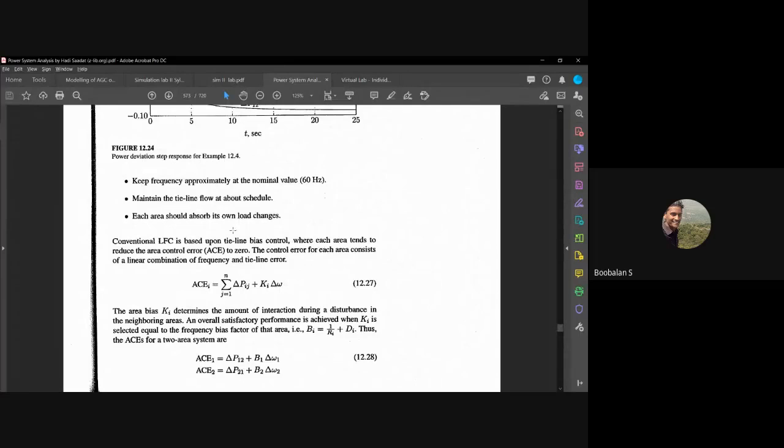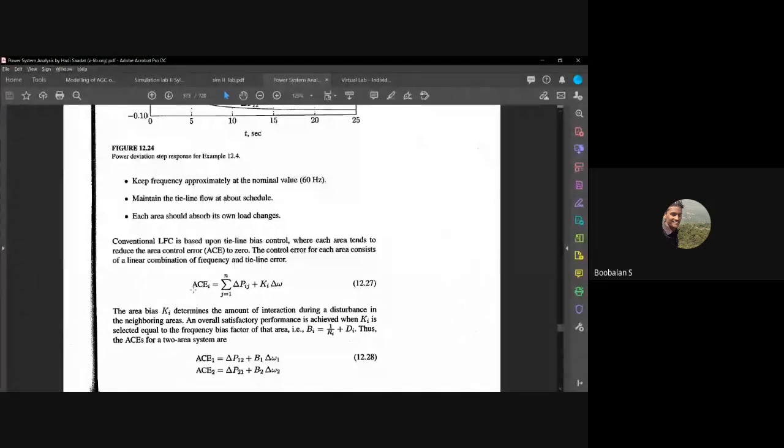This will give you about one more new concept, called conventional load frequency control, which is going to be working over here. Just note it down. There is a common formula that evolves over here, that is area control error, ACE.